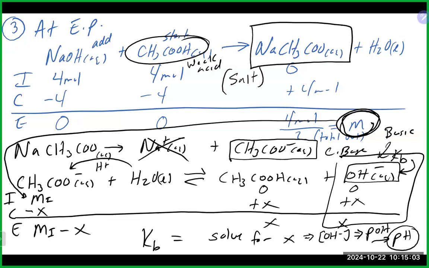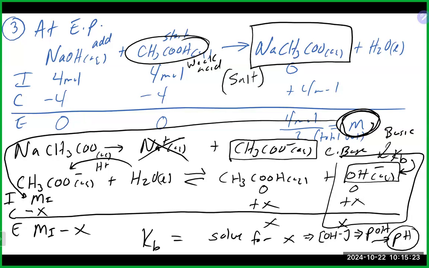Here at the equivalence point, this type of titration will require basically 2 ICE tables. The purpose of the first ICE table is actually to figure out the concentration of your salt. The second ICE table is really how you get to your pH, which is a hydrolysis problem to figure out what the pH will be based on that salt.